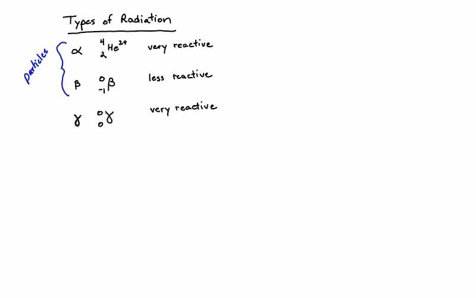These reactivities have a very strong impact on how much the radiation is capable of penetrating through various materials. So if you were to consider having a surface that was made of, say, lead.